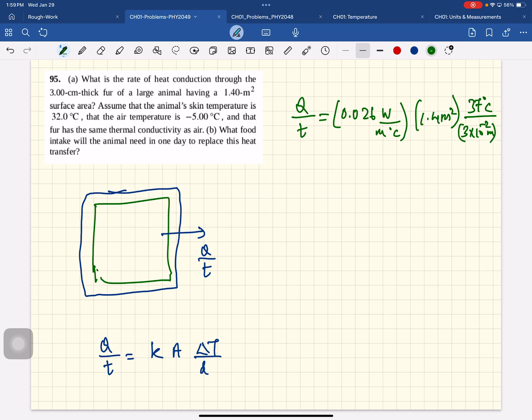Okay. So the rate at which you're losing heat is... So when animals hibernate, they want to reduce the temperature difference. You're lowering your body temperature, so you're reducing this number.